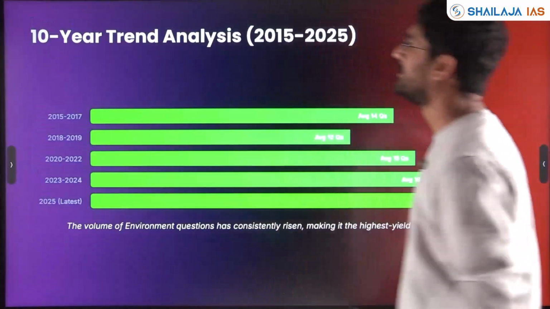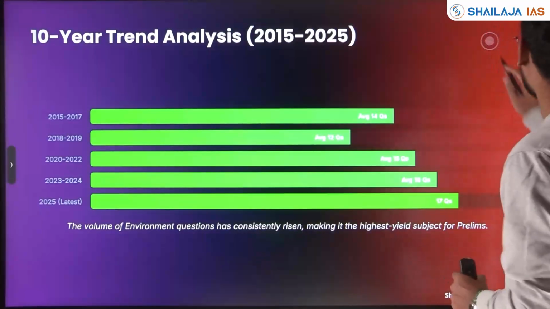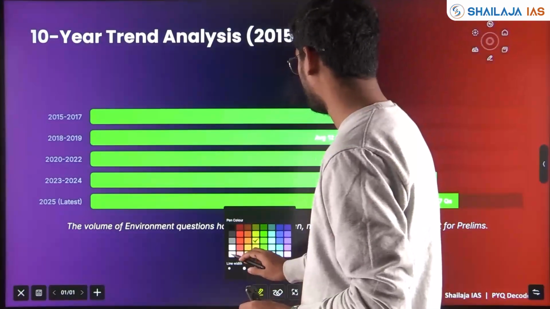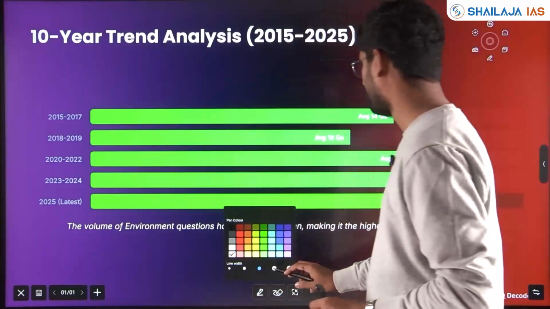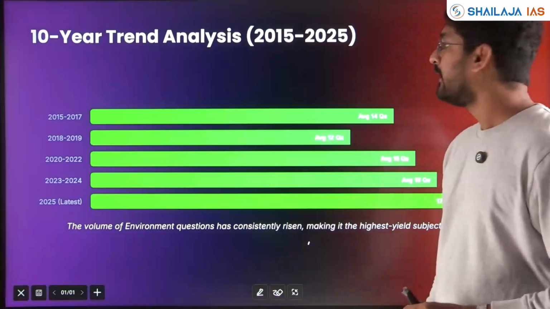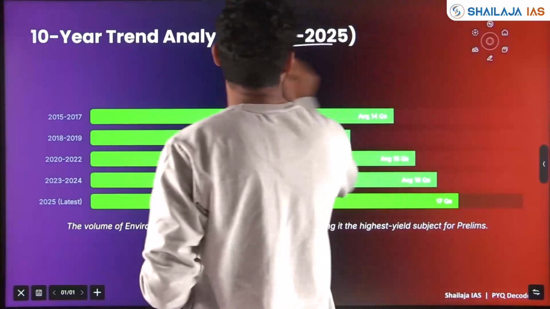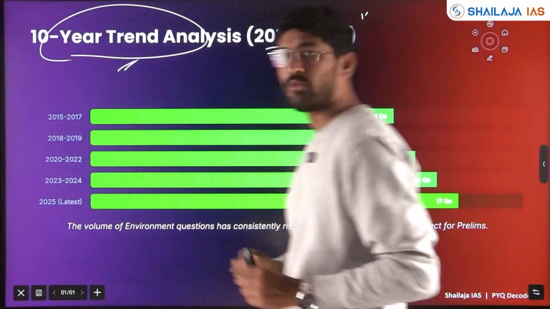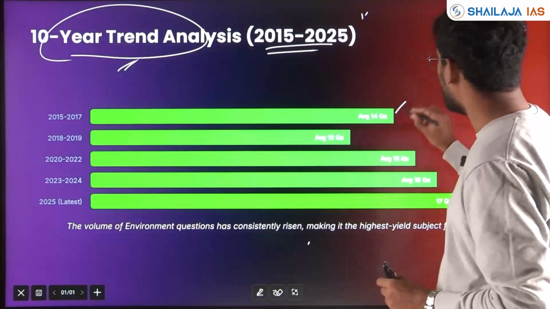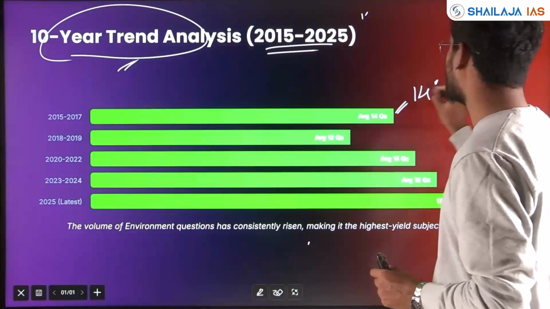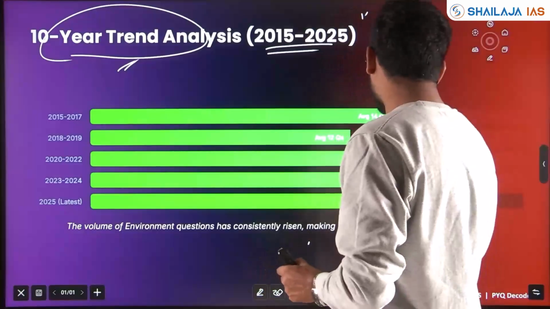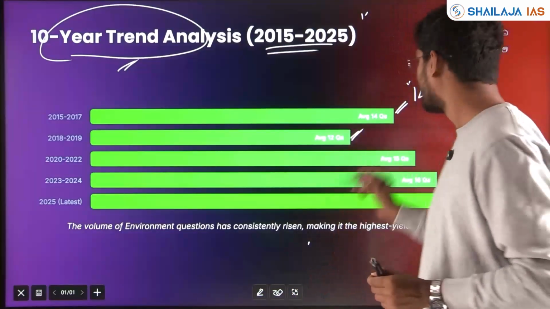Now we'll see the 10-year trend analysis of environmental science. From 2015 to 2017, an average of 14 questions were asked, and in 2018-19 there was a small dip, with an average of 12 questions.